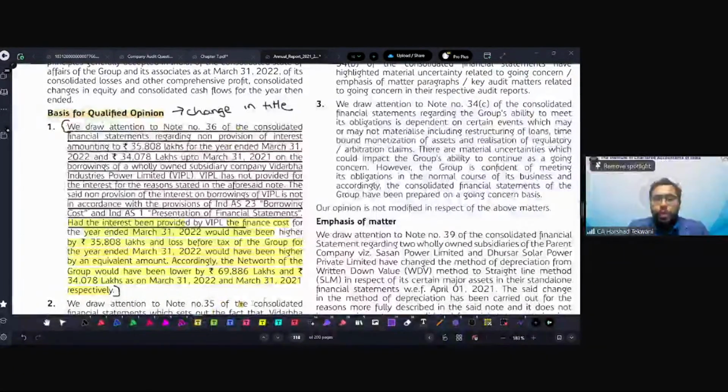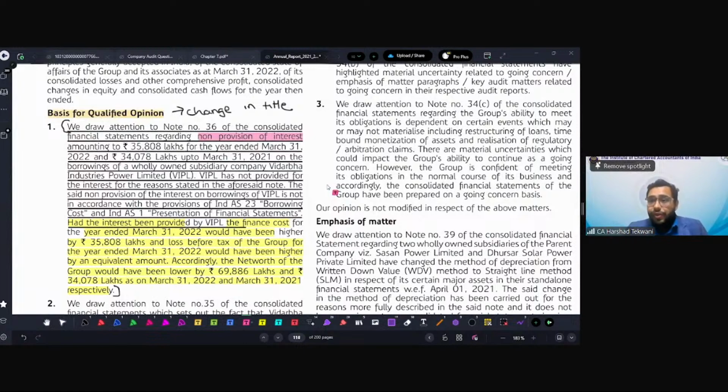Here you are not only discussing the qualification, that non-provision of interest. I could discuss non-provision of the interest, matter over. But no, what I am doing is giving the effect of that qualification on your profit and your net worth.